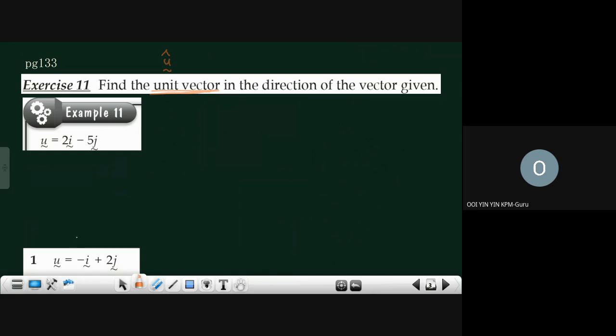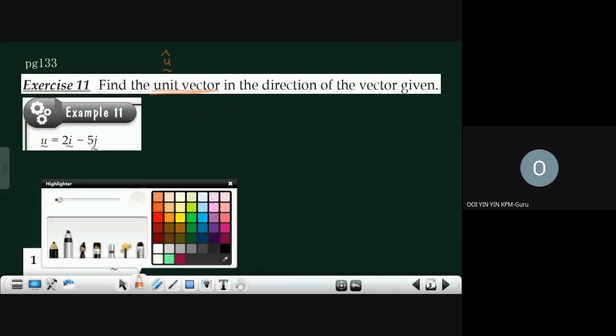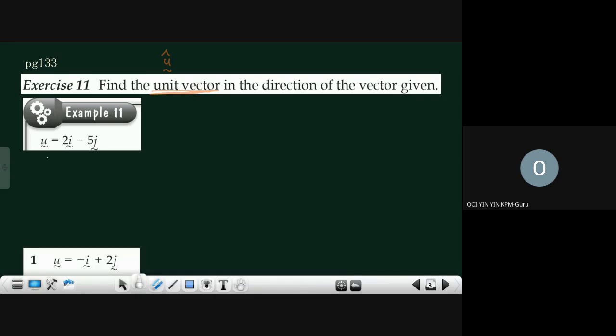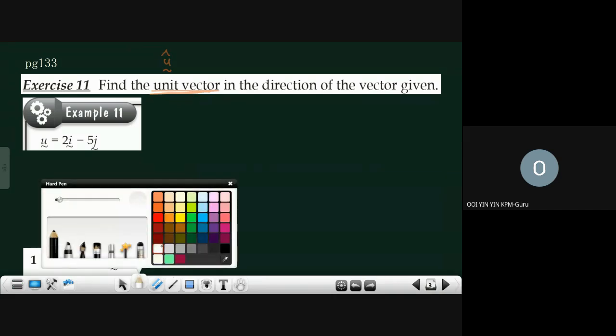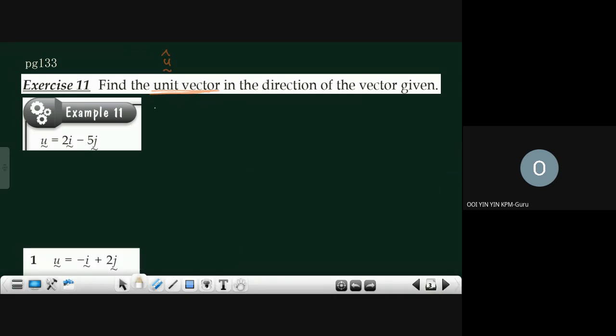Okay, so now, to find the unit of vector first, we must find the magnitude first, okay? Now, you must know the magnitude first, so I should write. Here, never mind. Sorry. This one is a highlighter, so a bit transparent. Okay, unit of vector, we find the magnitude first, okay?